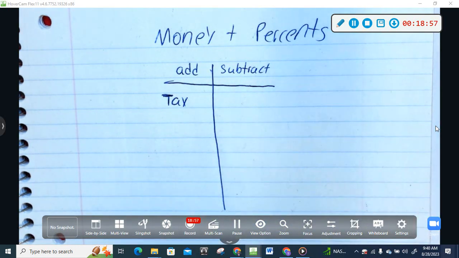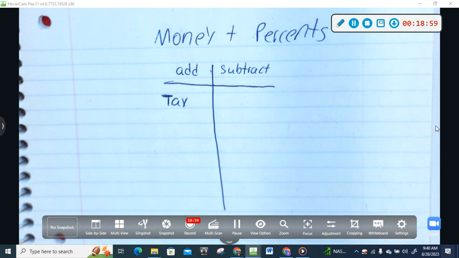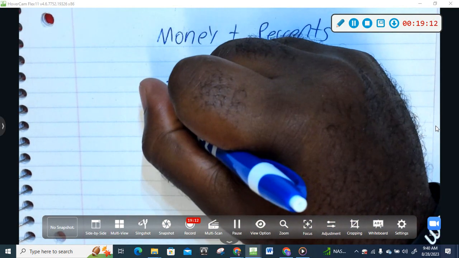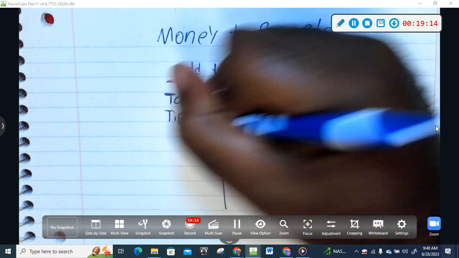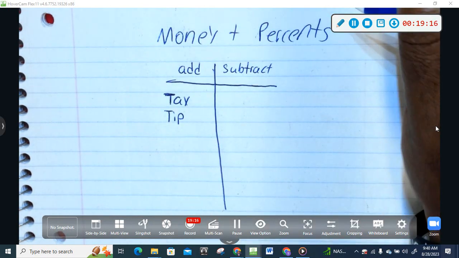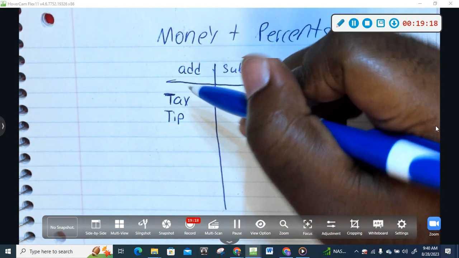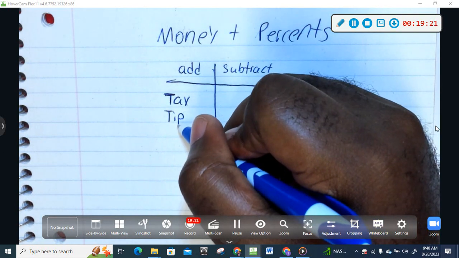Who can think of another T word that is added to prices of something? Think about if you are at a restaurant. Tax? We got tax. Tip. Good. Yeah. Tip. So we got taxes are added to my price. Tips are added to my price.